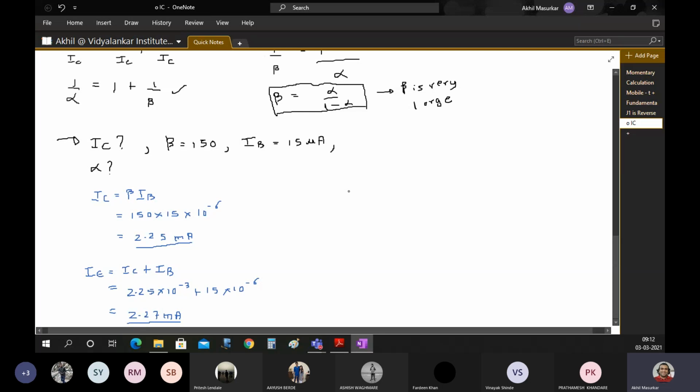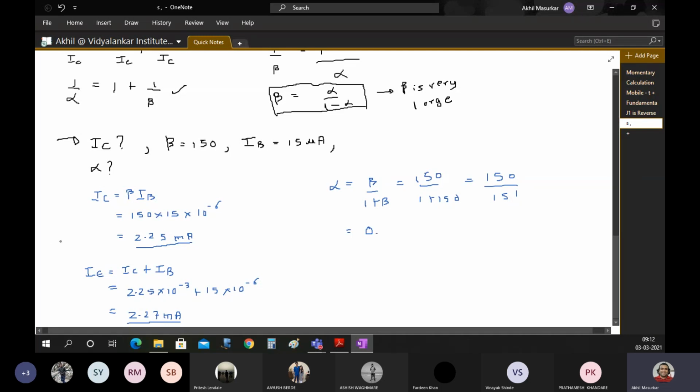And then we have the value of alpha. So alpha would be simply beta upon 1 plus beta, that is 150 upon 1 plus 150, which is going to be 150 upon 151. And how much is this value? 0.